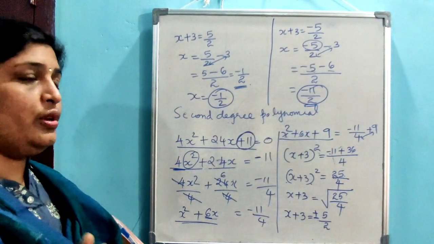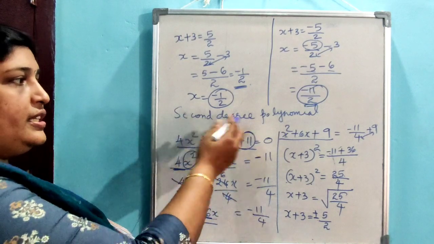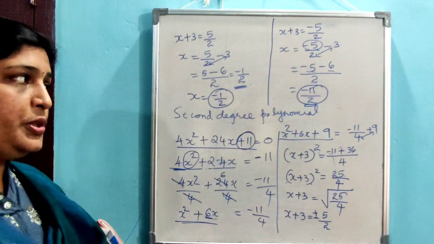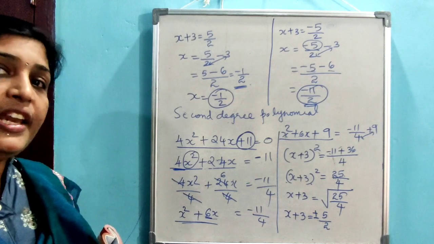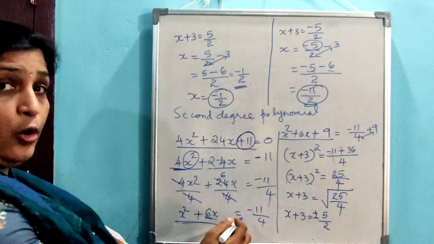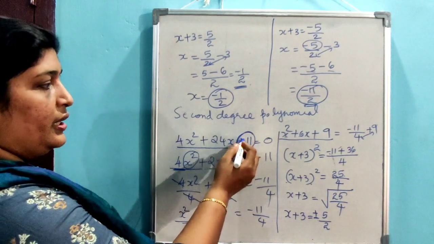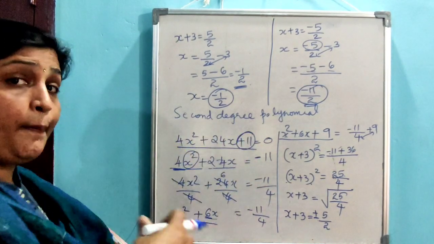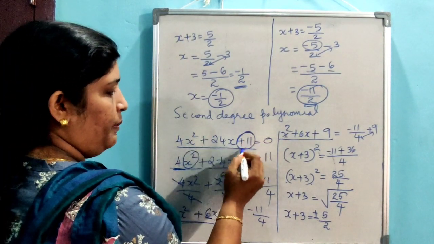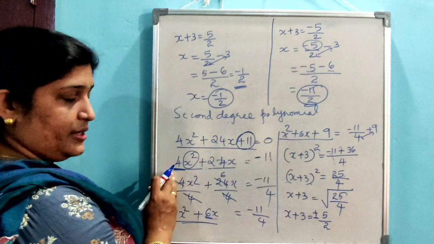So two solutions are there for this second degree polynomial. One is negative 1 by 2 and the other is negative 11 by 2. Keep in mind this order. How do we solve a second degree polynomial? That is our question. First move the numbers to one side and the variables to the other side.